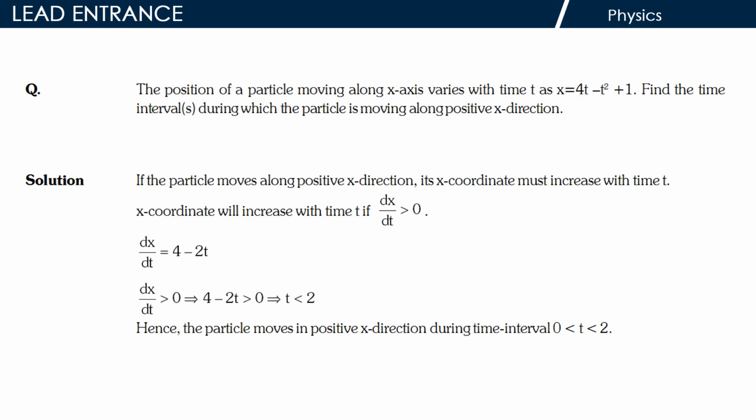Solution. If the particle moves along the positive x direction, its x-coordinate must increase with time t. The x-coordinate will increase with time t if dx divided by dt is greater than 0. dx divided by dt is equal to 4 minus 2t. dx divided by dt greater than 0 means 4 minus 2t greater than 0, so t less than 2.